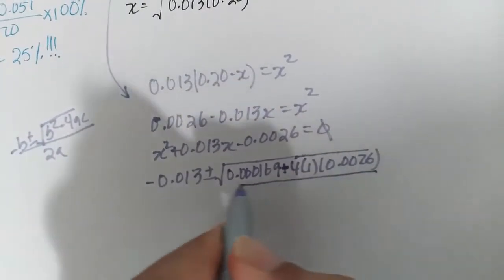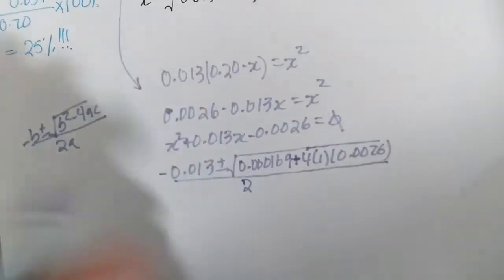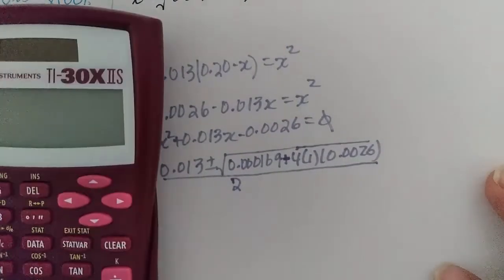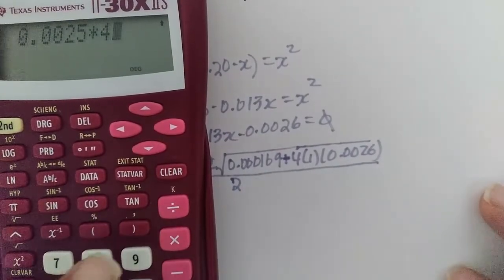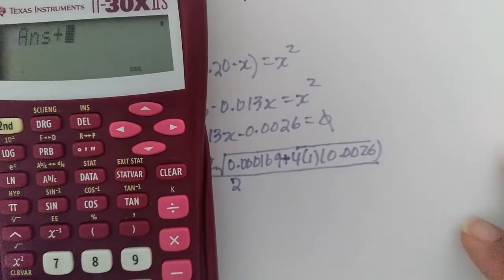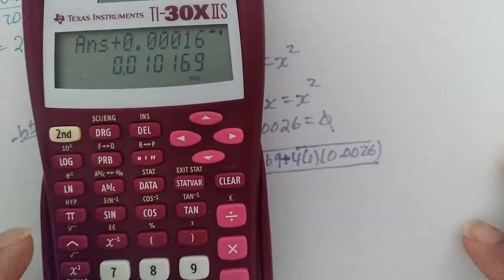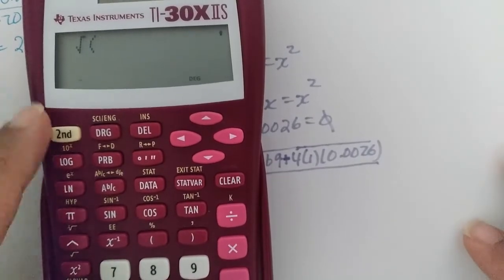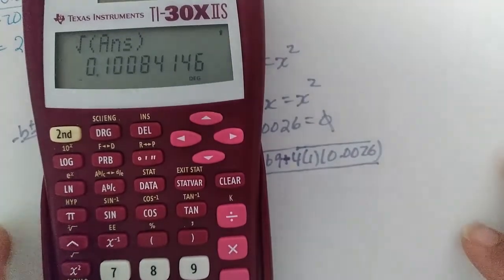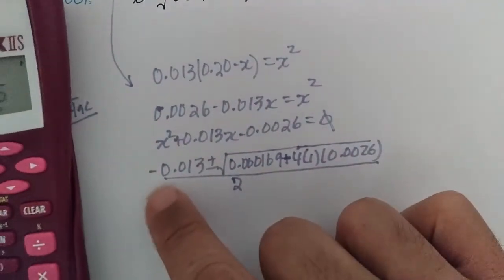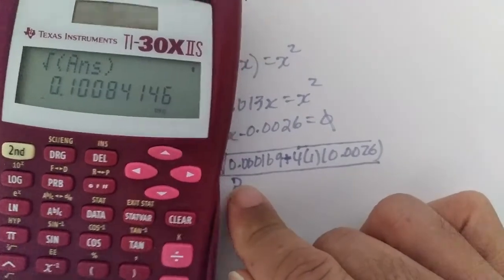All of that is divided by 2a, and a is 1. Let's do this on our calculator really quickly. 0.0026 times 4 plus 0.000169. Let's square root that, and that's 0.1008.